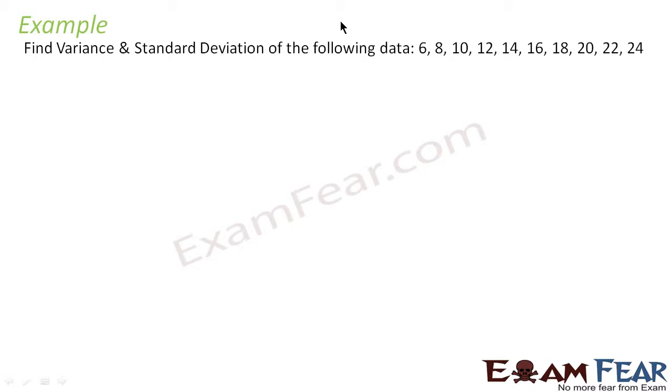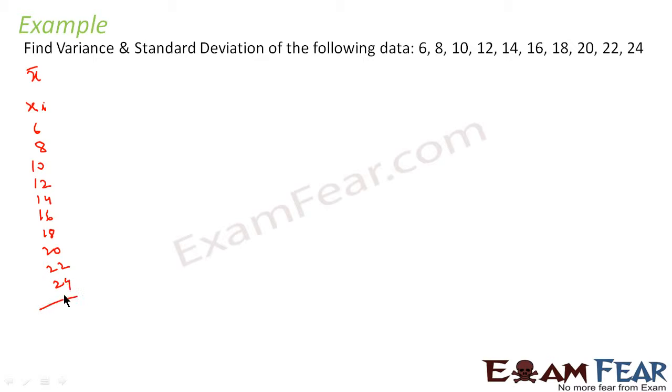In this example, we have to find the variance and standard deviation for this data. The first thing we have to do is find the mean. For finding the mean, we have to add all these values because they are all xi's. Let me write them in this form: xi is 6, 8, 10, 12, 14, 16, 18, 20, 22, 24.